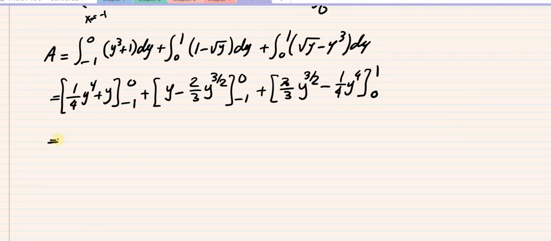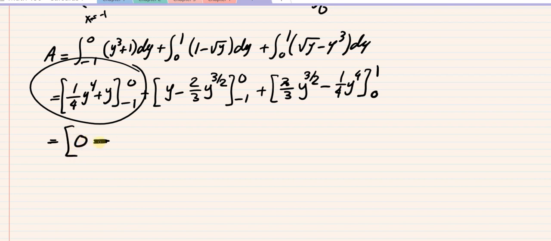Okay, in all of these, anywhere you plug in a 0 for the upper limit, you get 0. So for the first integral, upper limit 0, I'm just going to do the lower limit. So it's 0 minus the lower limit. The lower limit, -1 for y, makes it 1/4 minus 1. There.